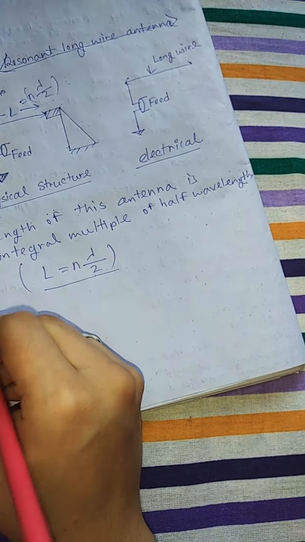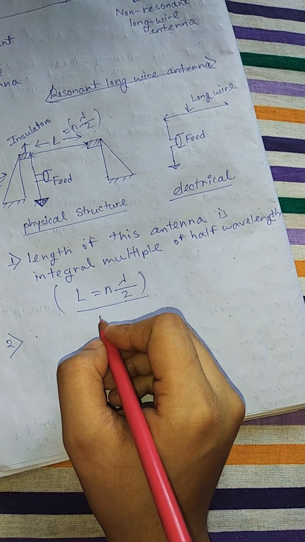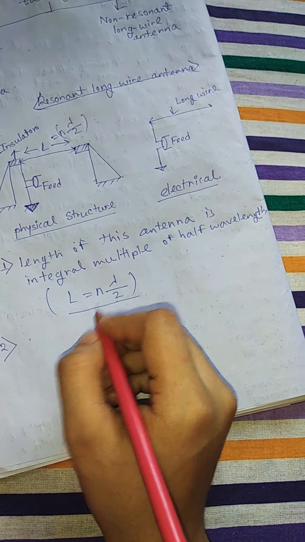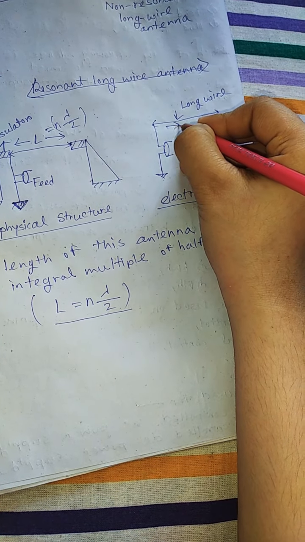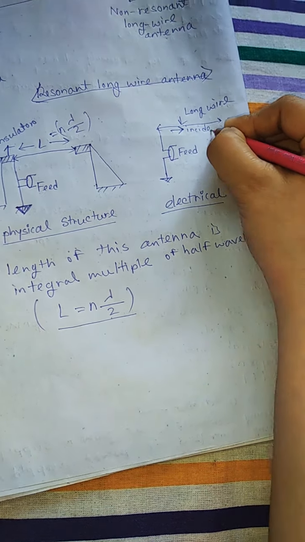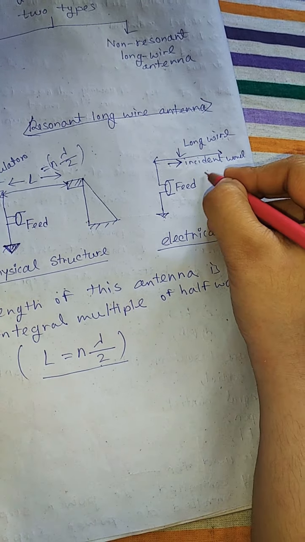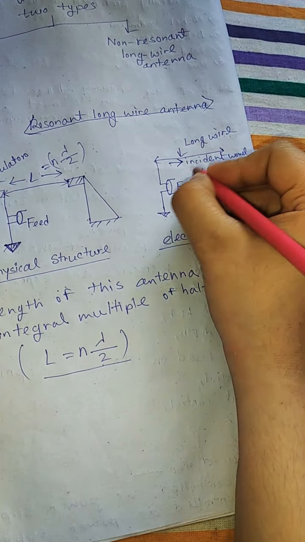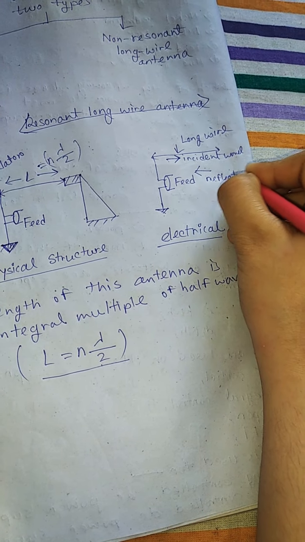The second point is, in this case both incident and reflected waves are present. In this direction we call it the incident wave, and in this direction we call it the reflected wave.